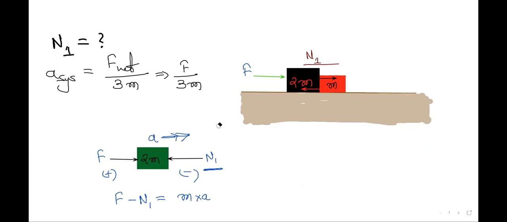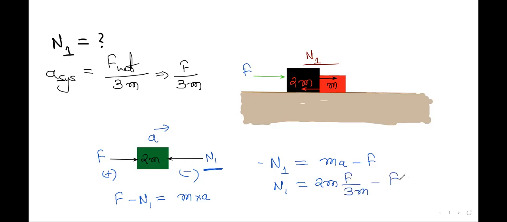So the net force will be F minus N1. F minus N1 is equal to M into A. So minus N1 will be MA minus F, isn't it? So N1 will be, what is the value of M? That is 2m into a. What is the value of acceleration? Acceleration is F upon 3m, minus F, right?